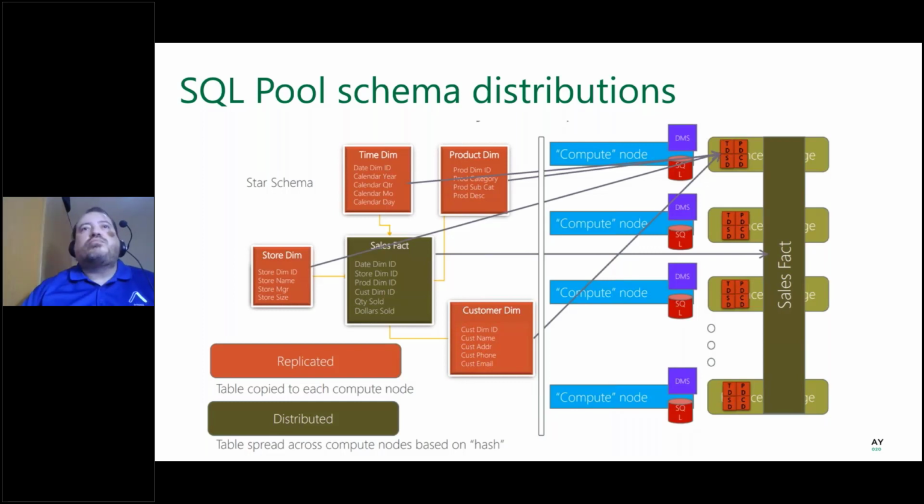For example, the fact can be sales, like this example, sales fact. We need answers about sales. So most of our queries will be concentrated in making processing over the fact table, over sales.